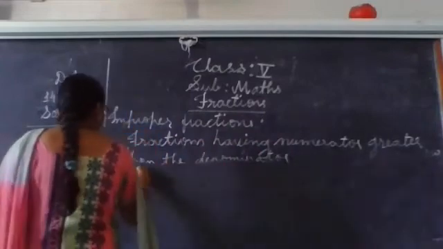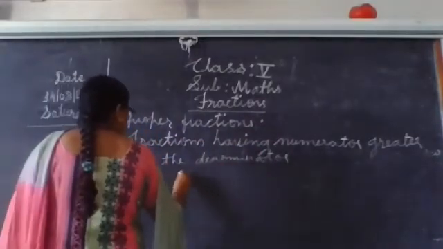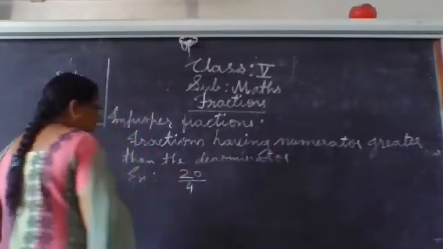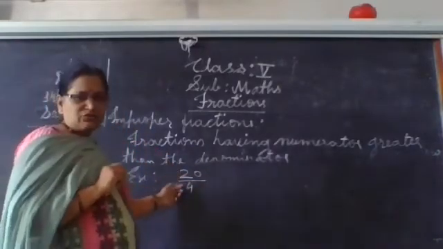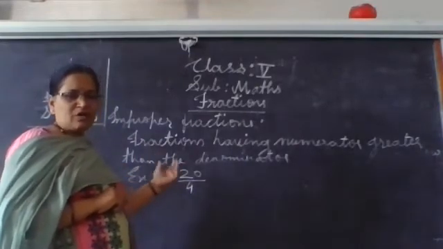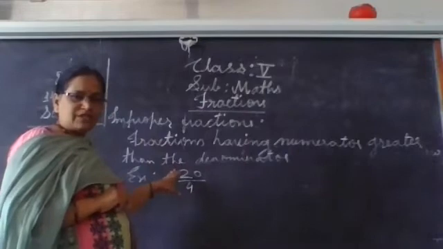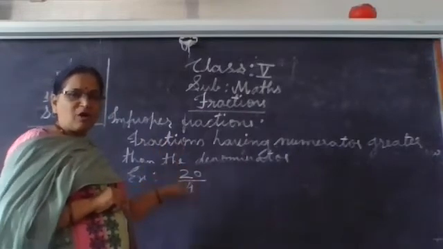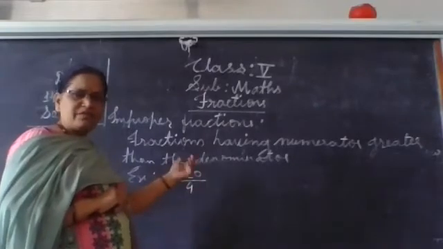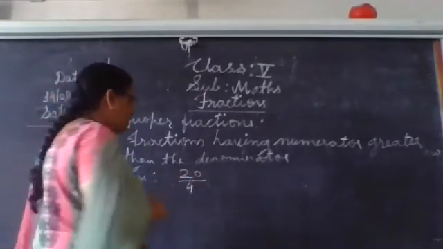For example, see beta, 20/4. So you can divide this. If you divide this, you will get some whole number, or a whole number and some fraction. If you divide 20 by 4, you get 5. 5 is a whole number.